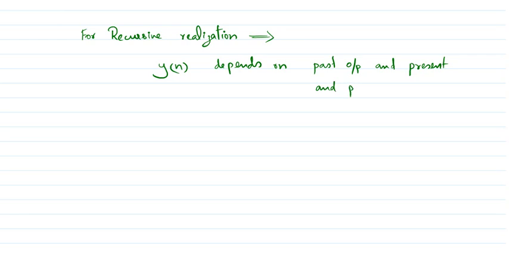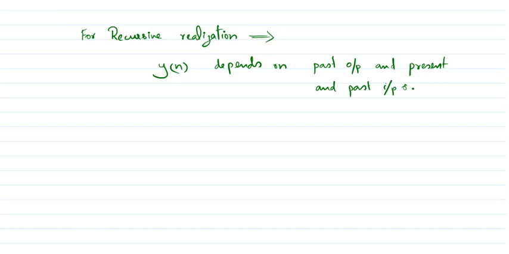For recursive realization, the output y of n depends on past output and present and past inputs.